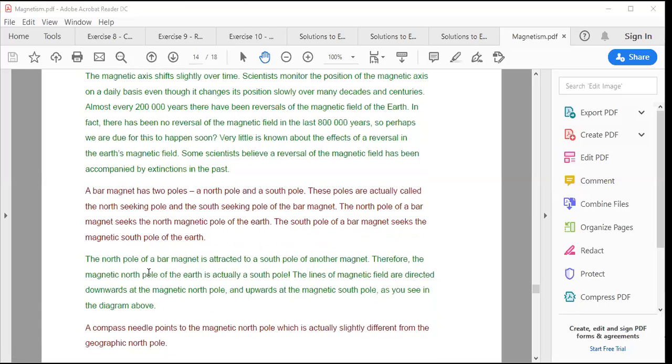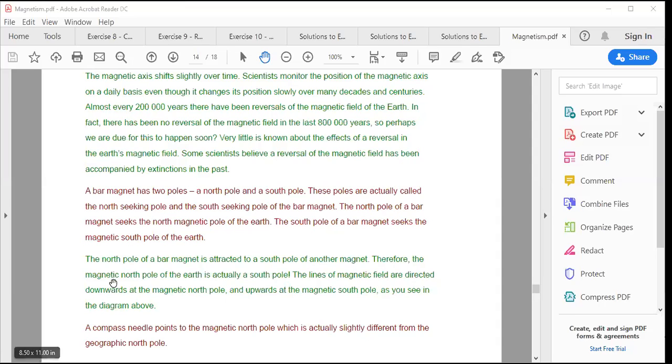The north pole of a bar magnet is being attracted to a south pole of another magnet. Therefore, the magnetic north pole of the Earth is actually a south pole. Because we know like poles repel, unlike poles attract.